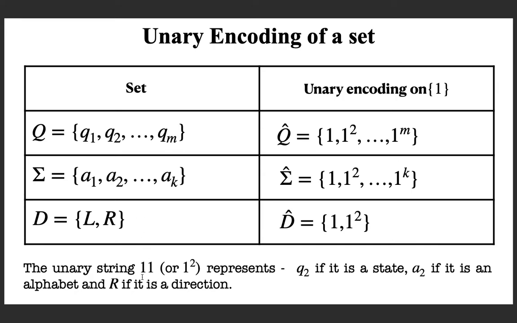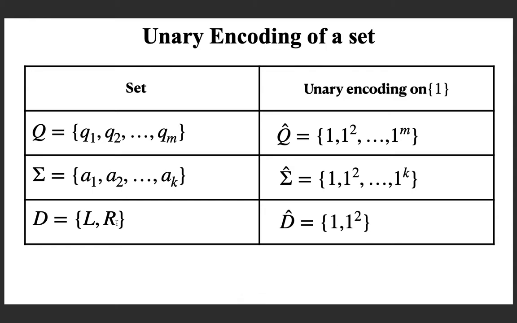Suppose it appears in a context where you need an alphabet, then it is going to represent A2. And if you have this representation in a context where you expect a direction, then it is the right direction.